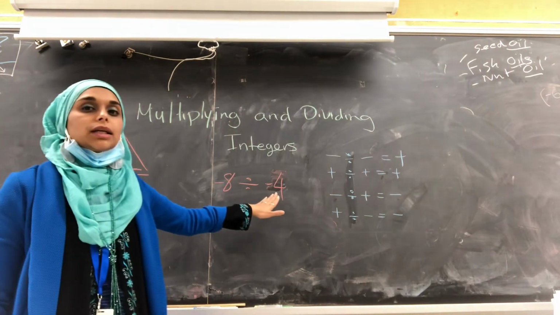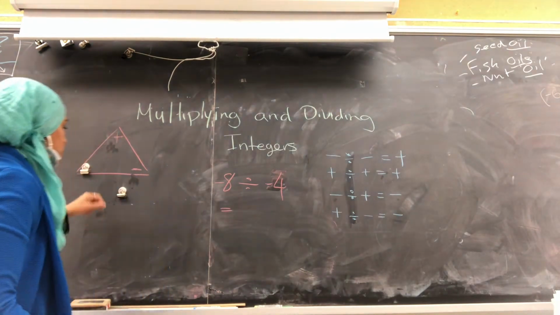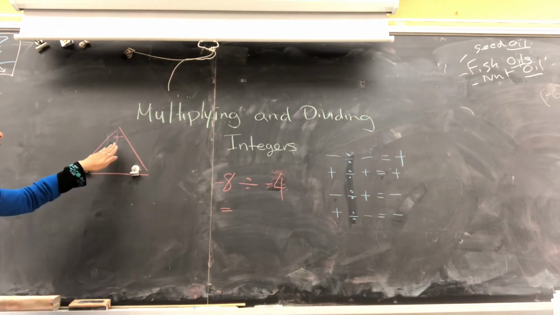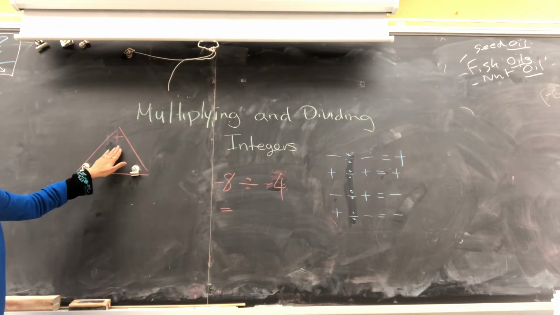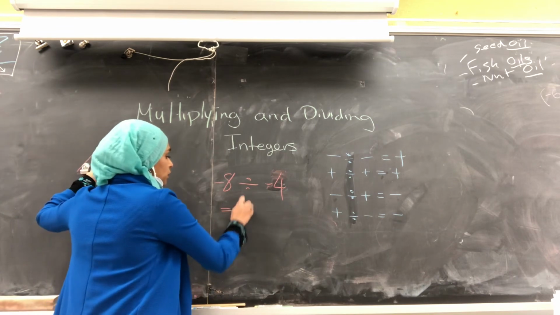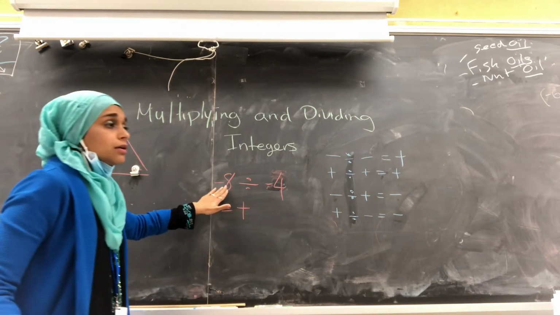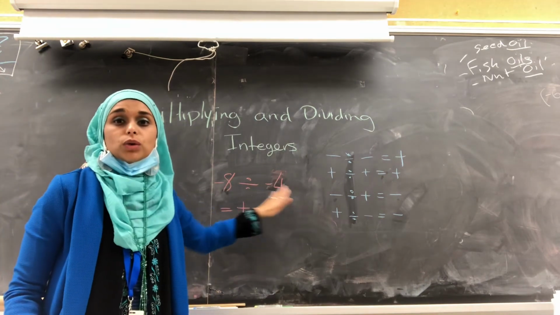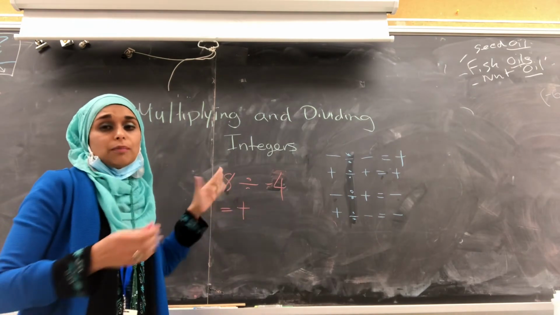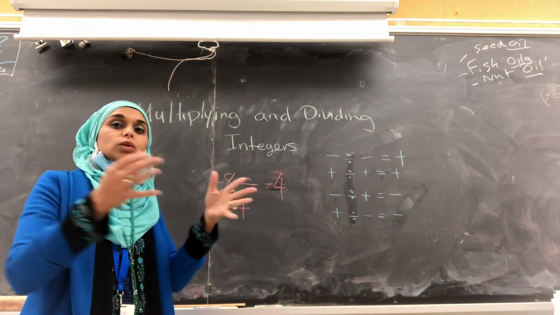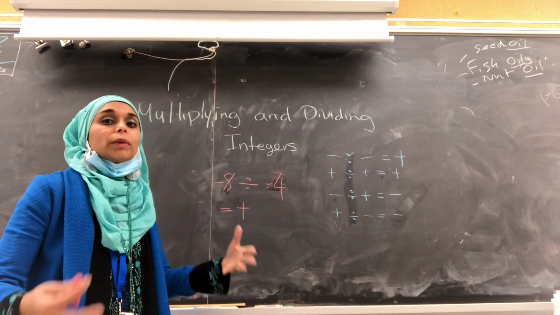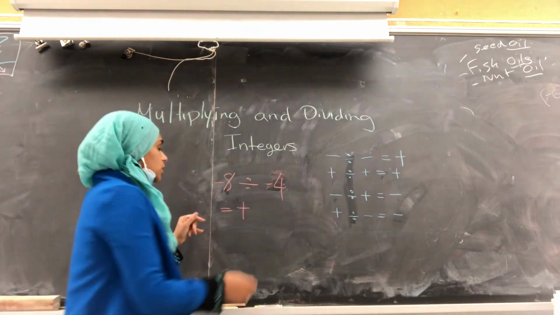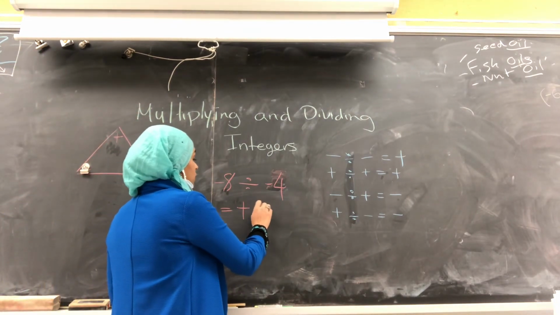I look at my second integer, it's also a negative integer, so I'm going to cover up that negative sign, and it tells me that my answer this time is going to be a positive. So my answer is going to be a positive, and then I'm saying, what is 8 divided by 4? So what is 8 divided equally into 4 parts? So my quotient is going to be 2.